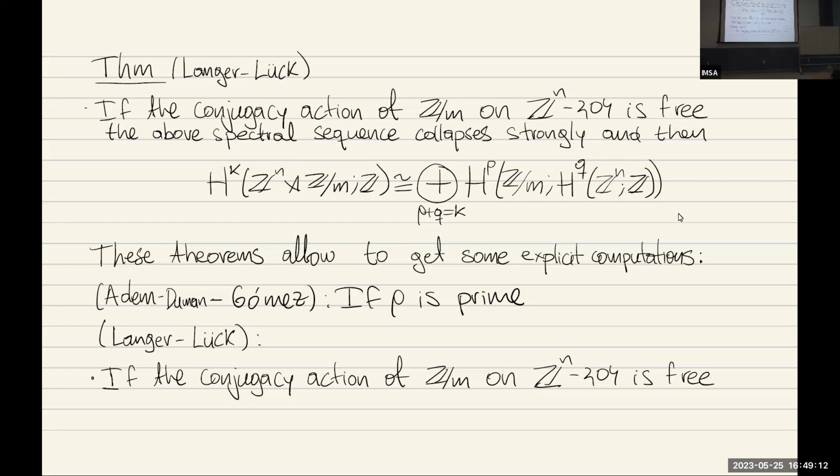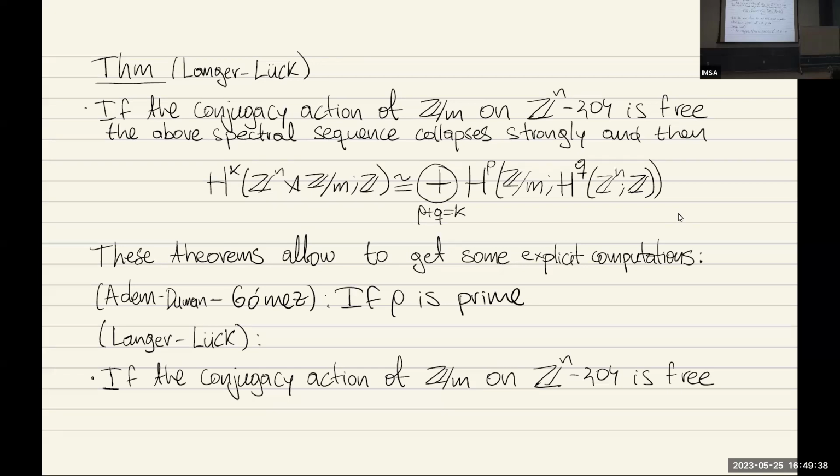They compute completely the group cohomology when this number m is a prime number. And Langer and Lück compute almost completely the group cohomology in this case, where the conjugacy action of Z over m is free outside the origin.